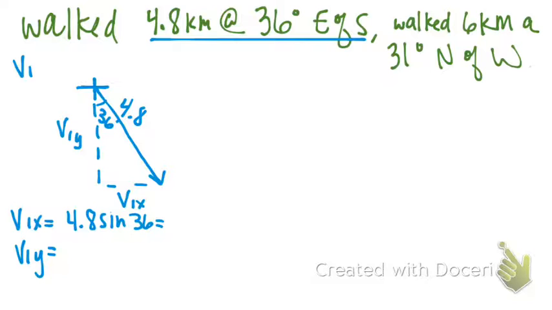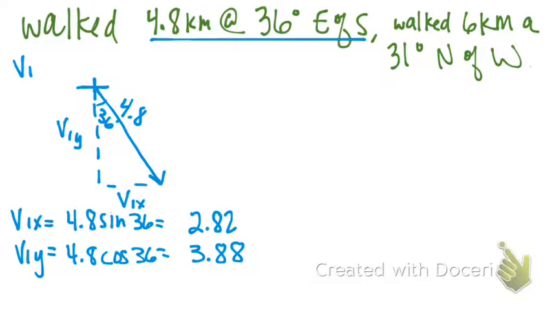And for y this time, I would use cosine. Be really careful about that. It's not a rule about x and y. It's about where they're at in that triangle. 4.8 sine 36 gives me 2.82, and 4.8 cosine of 36 gives me 3.88.